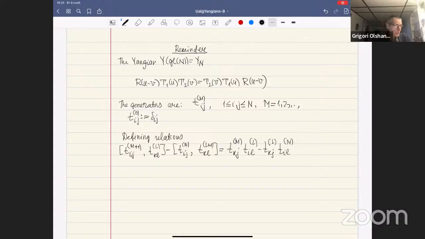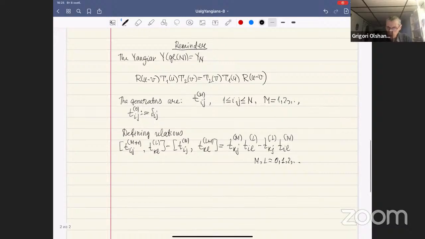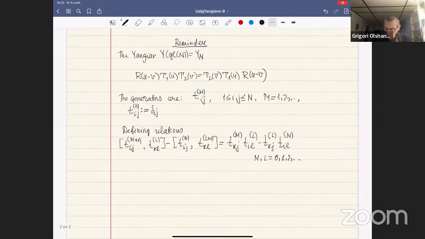And here I assume that M and L take values starting from 0. And one can prove that the true commutation relations, which are equivalent to this system, are as follows.